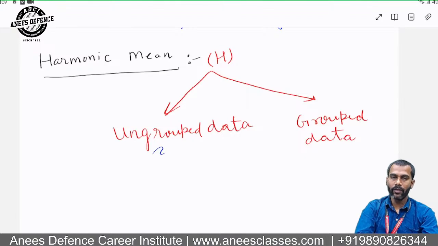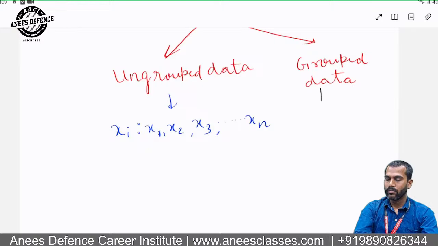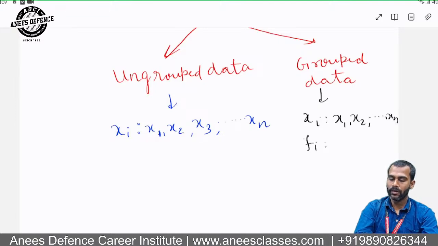Which type of data will be given? Only xi will be there: x1, x2, x3, and so on up to xn. And for grouped data, two rows will be given, xi and fi: x1, x2, up till xn, with the respective frequencies f1 till fn.